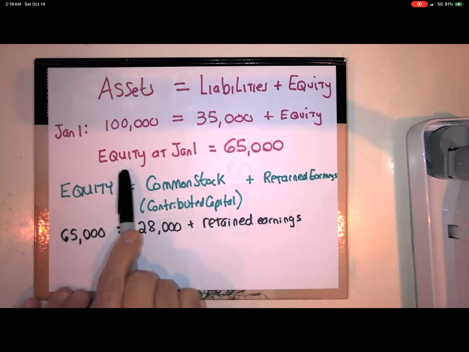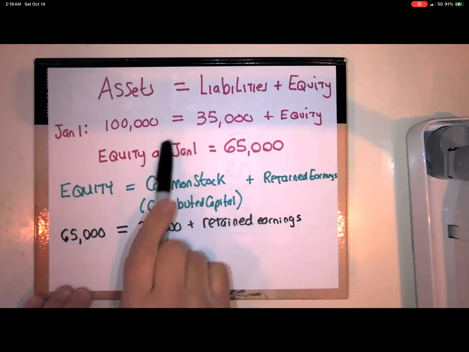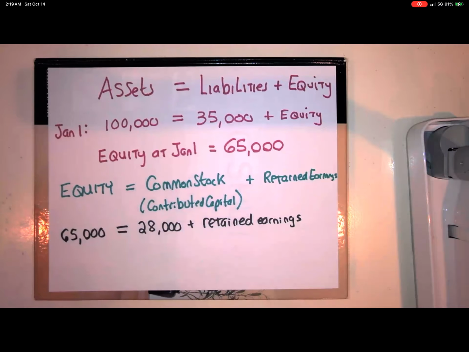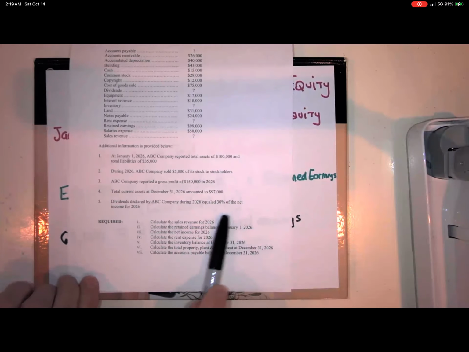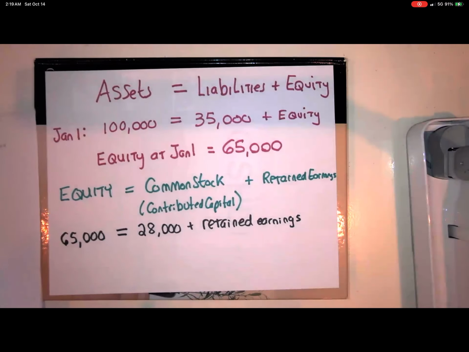We have the equity at January 1st. They have asked us to calculate the retained earnings at January 1st. And then I went and I messed up the whole thing by using this $28,000.